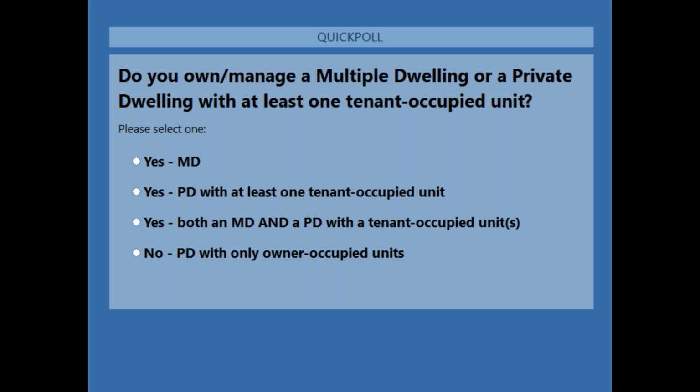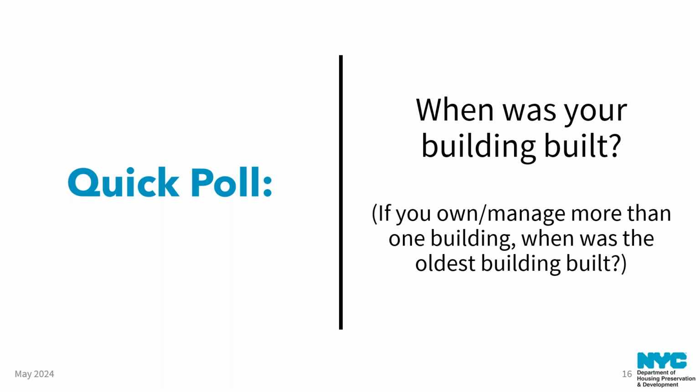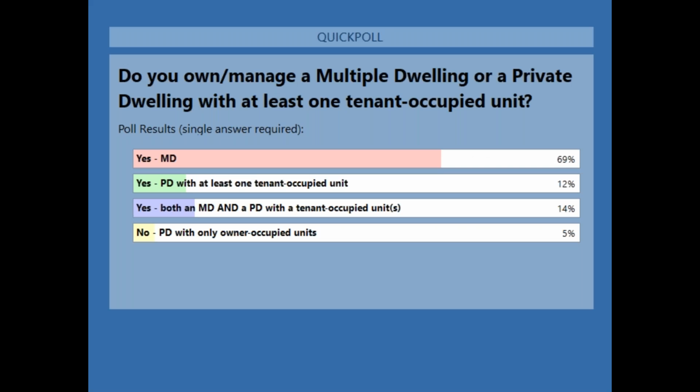A private dwelling has 1 or 2 units. I shouldn't say rental, just 3 or more units. Private dwelling has 1 or 2, multiple dwelling has 3 or more. Okay, about 70% of us have voted. I'll close the polls in 5, 4, 3, 2, 1. And let's see what everybody said.